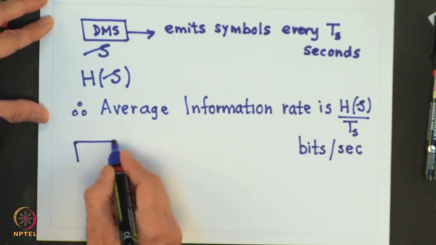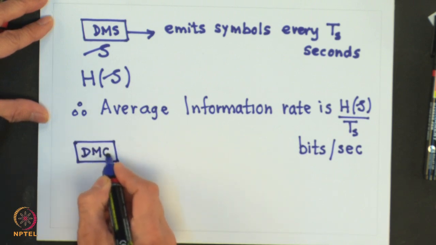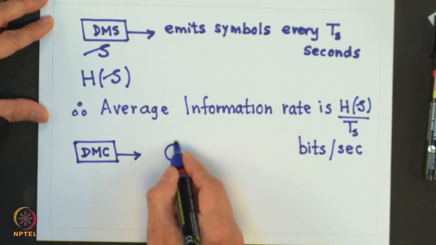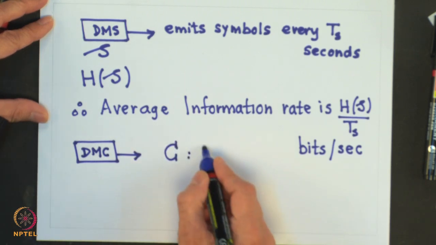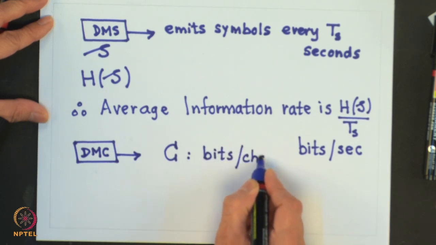Similarly, we have this information being transmitted on a discrete memoryless channel, and this has a capacity C which is given in terms of bits per channel use.